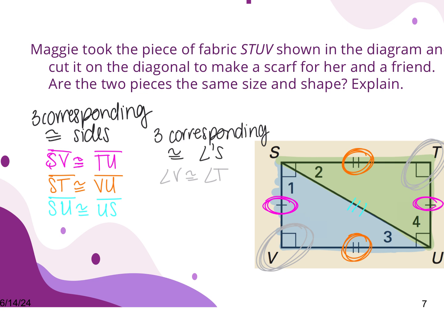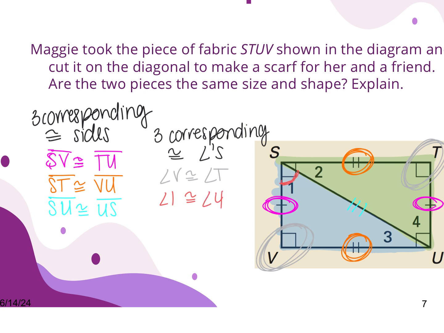Which angles would be considered congruent? Yes. Angle S and angle U. Okay, angle S and angle U, but there's multiple angles within that, so I have to name it as one would be angle 1 is congruent to angle 4.